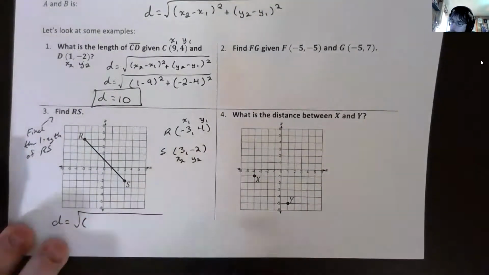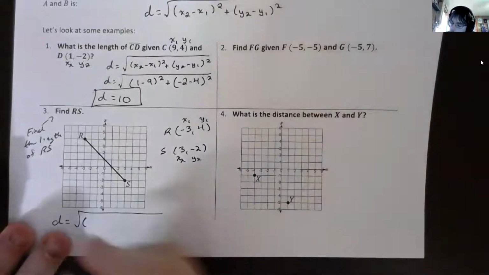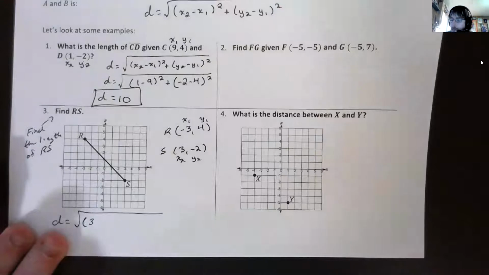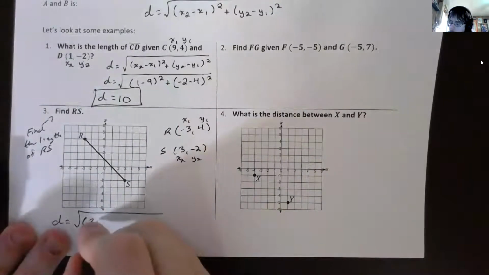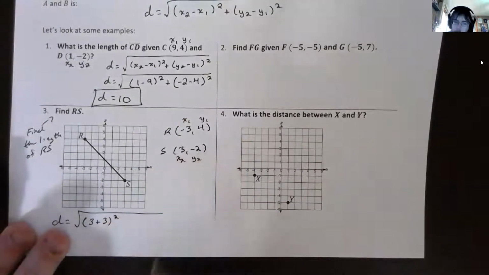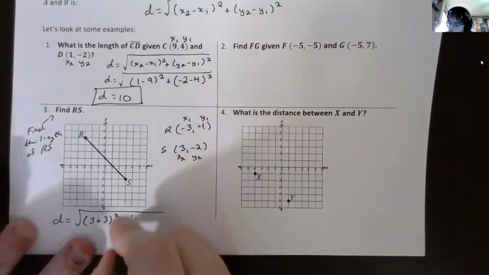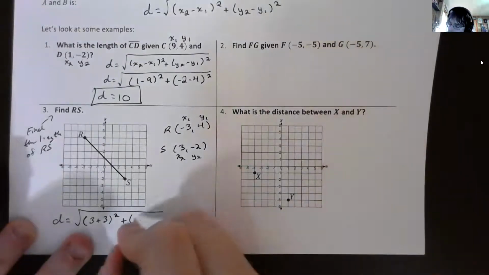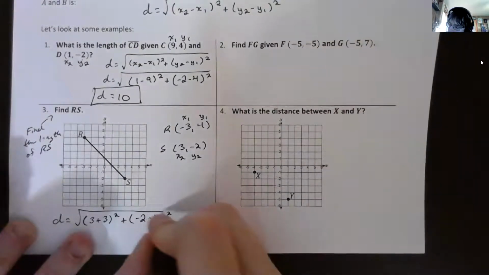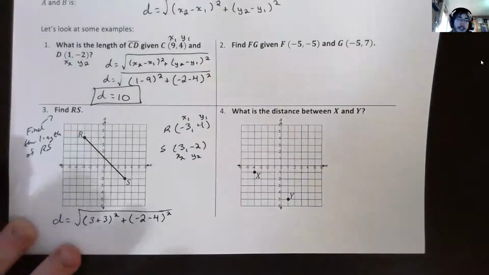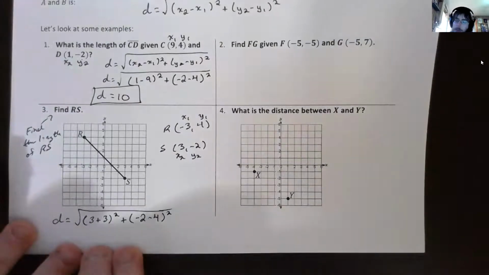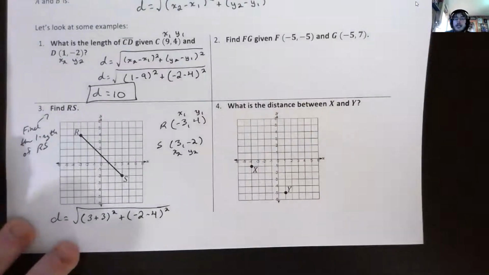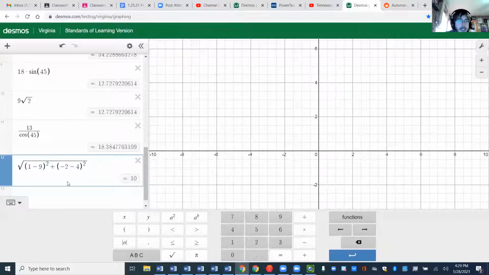And in our first set of parentheses, we have x2 minus x1. So that's 3 minus -3. And when you do that, it changes that to a positive. So it becomes (3 plus 3) squared plus, and then you have y2 minus y1, which would be (-2 minus 4) squared. Now that we have it in the formula, we can go into Desmos and type that in.